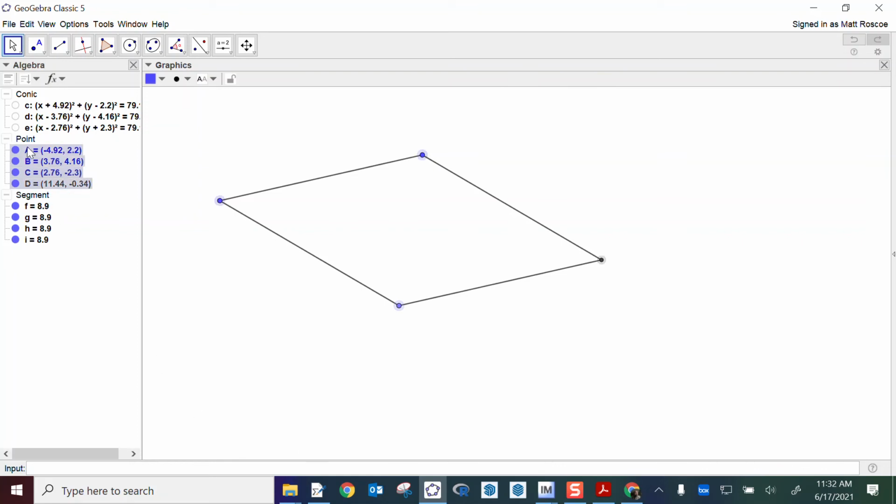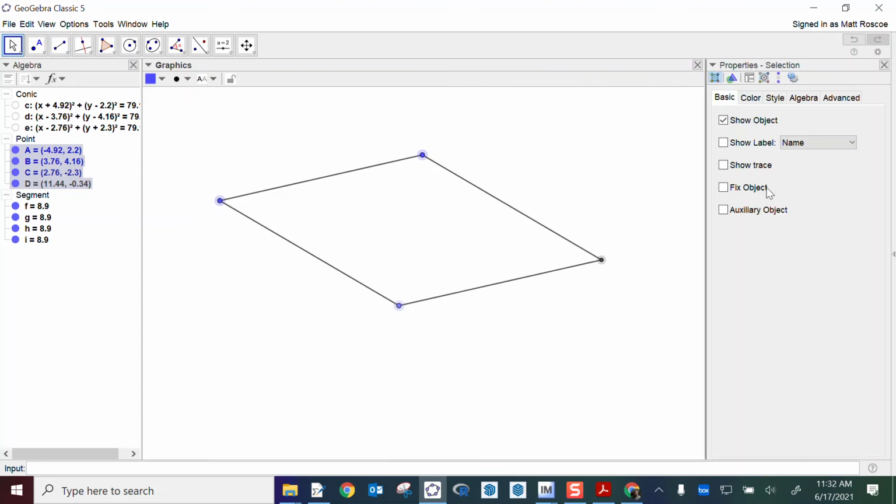I'll go ahead and label these points. One way that you can group label things is you can click on point, and that highlights them all, and then right click on them and go to object properties. And here let's go ahead and show the label, the name. There we go. So I've got my properties selection just fine.